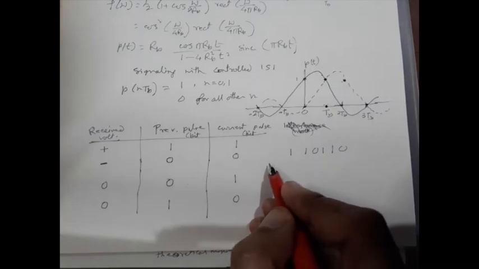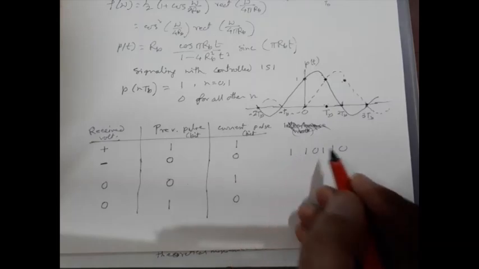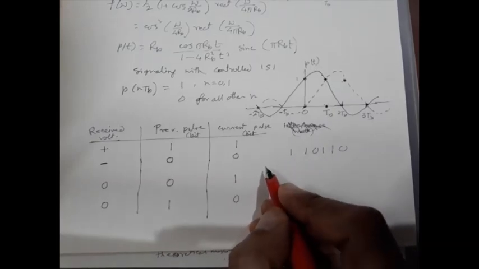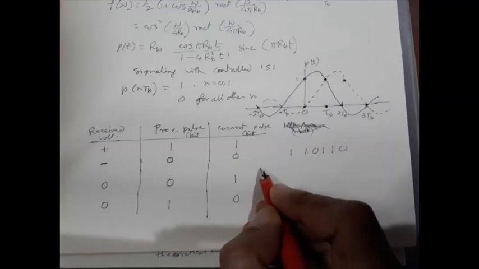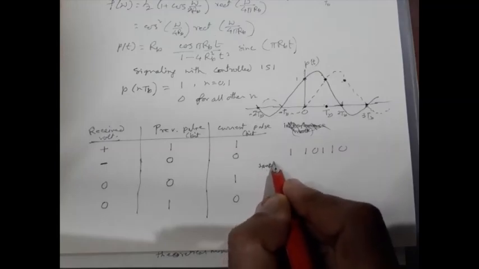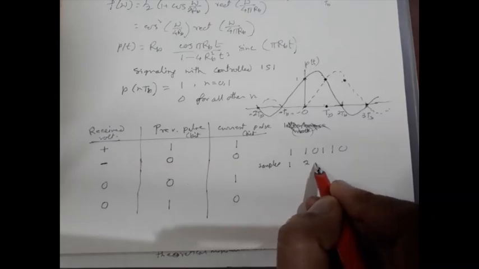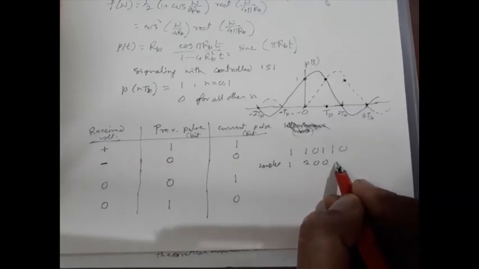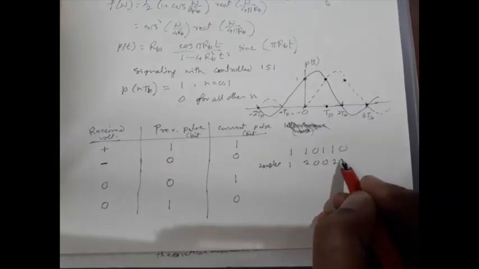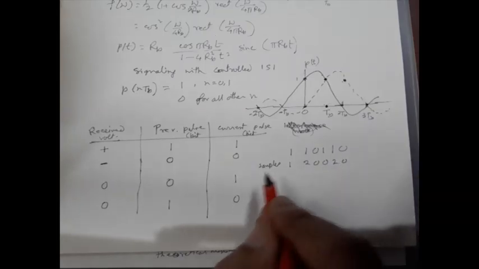So what happens, if this was the transmitted sequence, then the samples of this sequence would be like this: 1, 2, 0, 0, 2, 0, and so on.